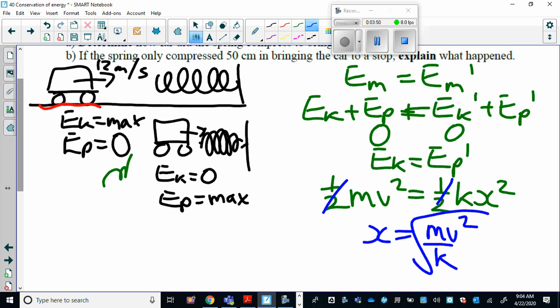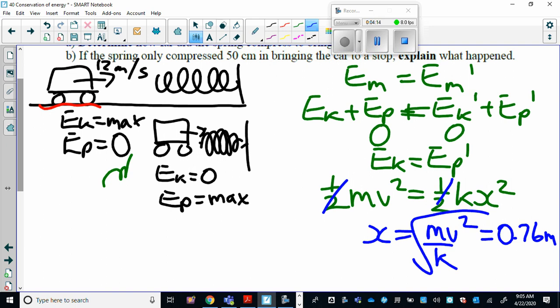And we rearrange the formula to get this: x equals 1/2 mv squared over k. You can plug in the numbers and you end up getting a value of 0.76 meters. So in other words, 76 centimeters, the spring compressed.